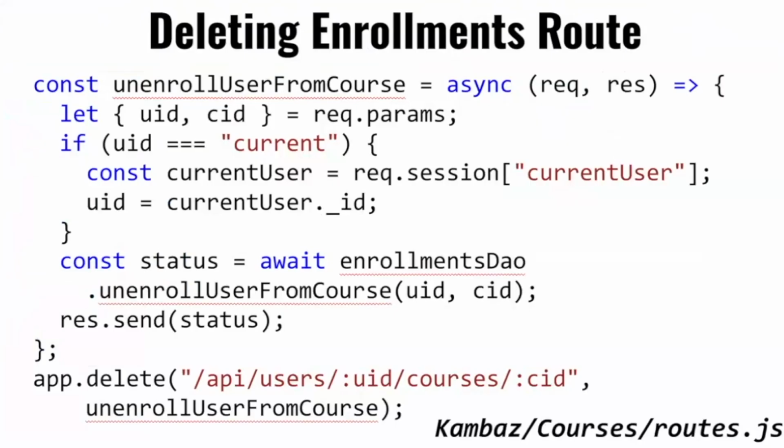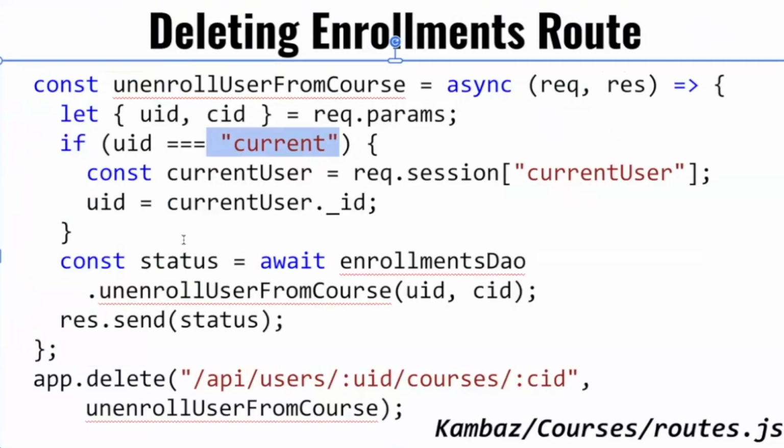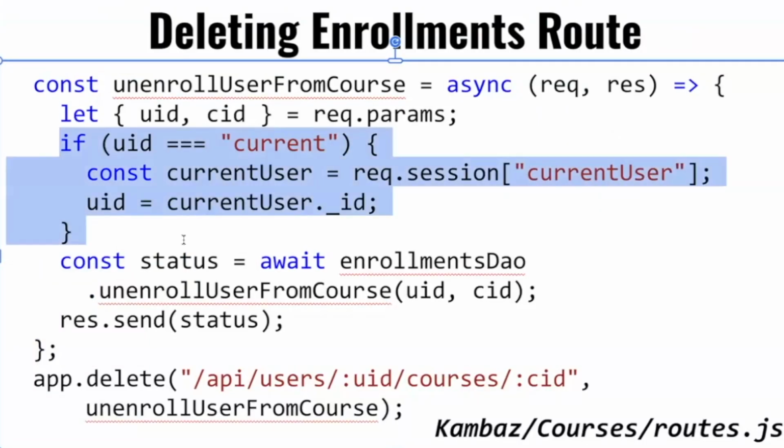This is just more route for unenrolling, where typically it would be the person who's currently logged in who is unenrolling from the course, or it could be that a system administrator is unenrolling someone else. So if the ID comes in as current, then we're going to assume that you are the currently logged in user and you are enrolling yourself.